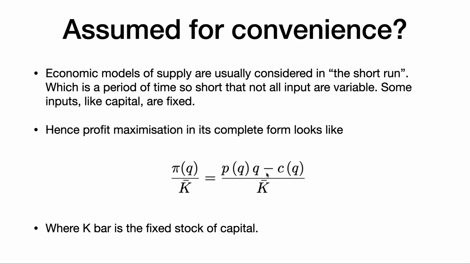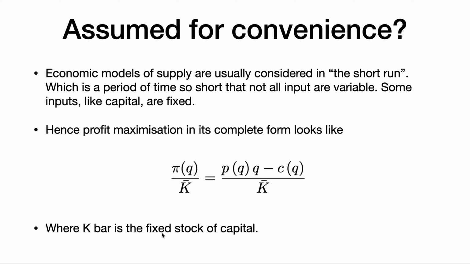You're maximizing the profit per unit of this fixed input. And in this case, we call it K bar, like a fixed amount of K, which stands for the stock of capital, for example, the number of buildings that you have. And so that makes sense in some kind of weird way.